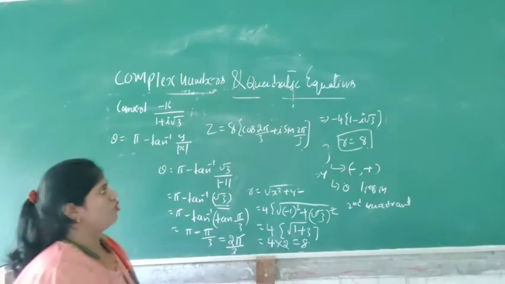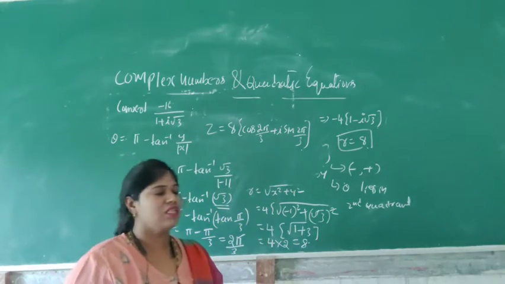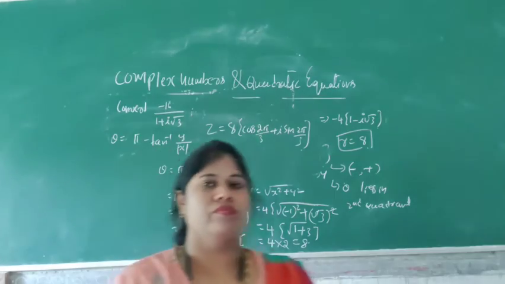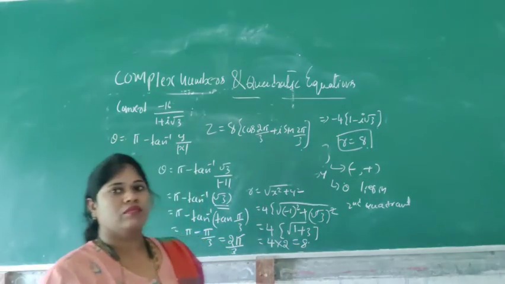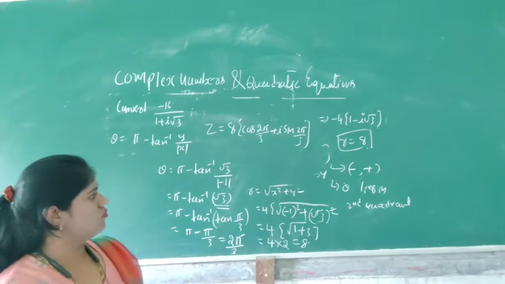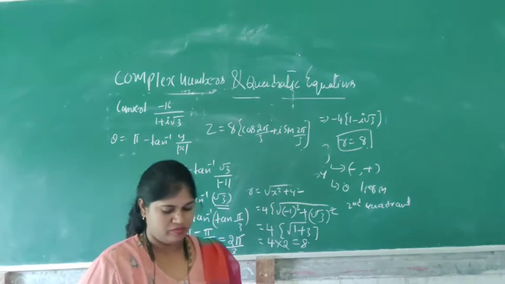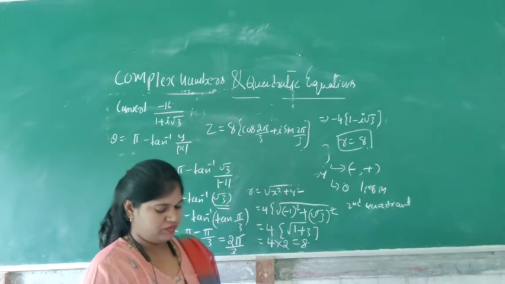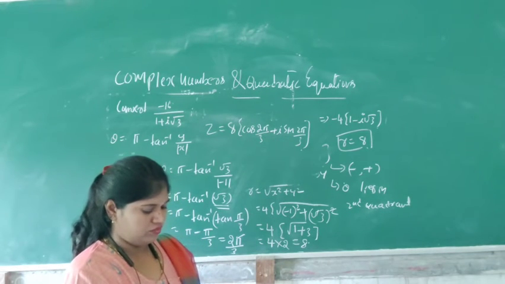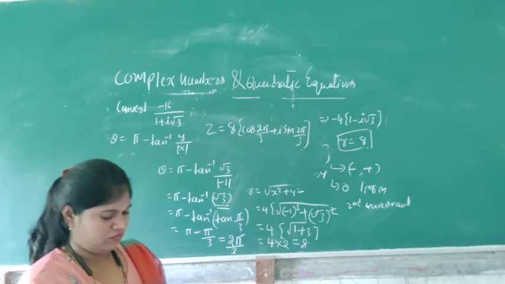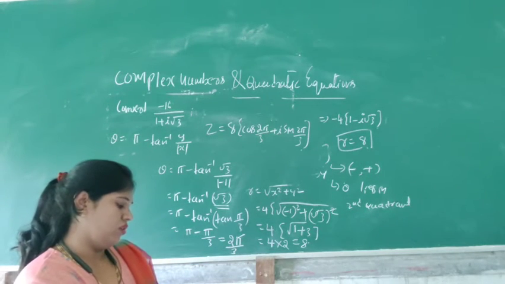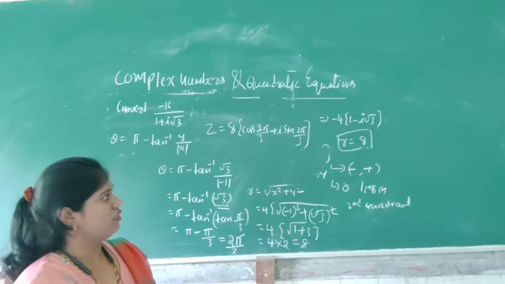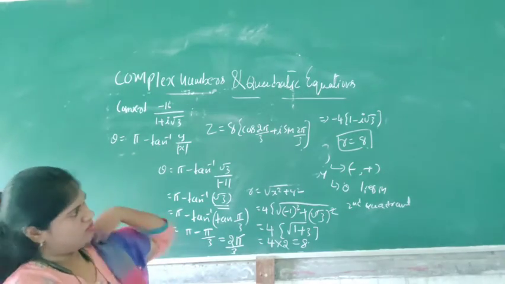This is the polar form of a complex number. You understood this one? It is important. It came in the examination. So just practice it, you will come to know.